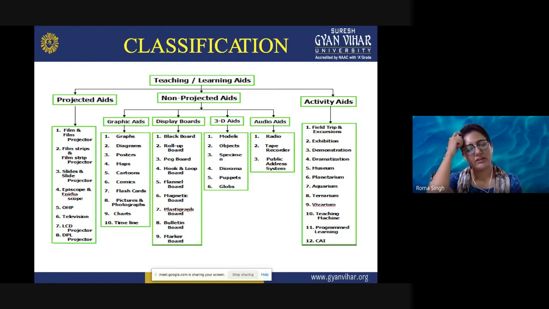Then there are activity aids, which can be used as non-projected aids only, which are field trips or going on any educational excursions. These also help as teaching support material. Then the showcasing of exhibitions on different themes, demonstration of showing various things or the demonstration method being used in the class, dramatization or role playing which can be used as an activity aid.